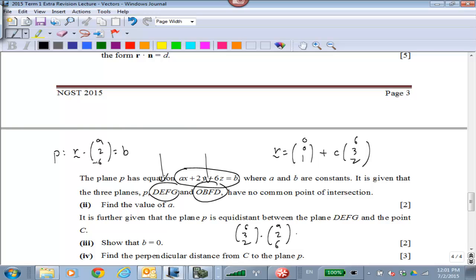Yeah, -6. So it must be b. No, it cannot be b. It's 0.